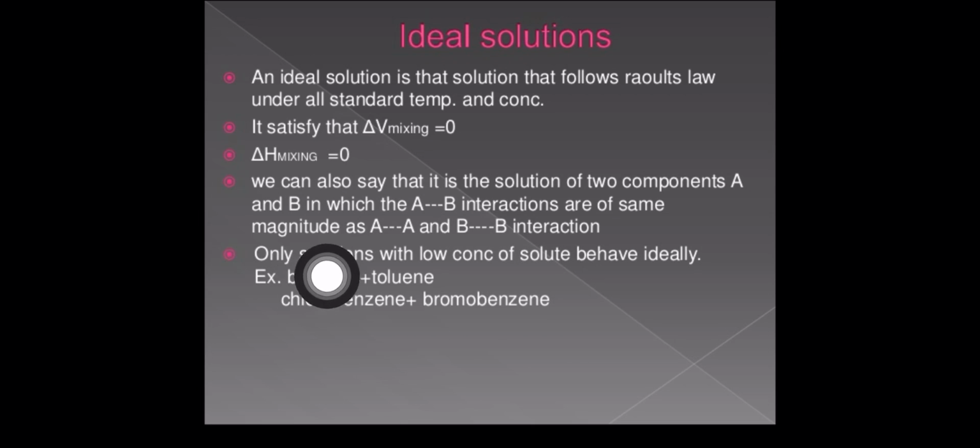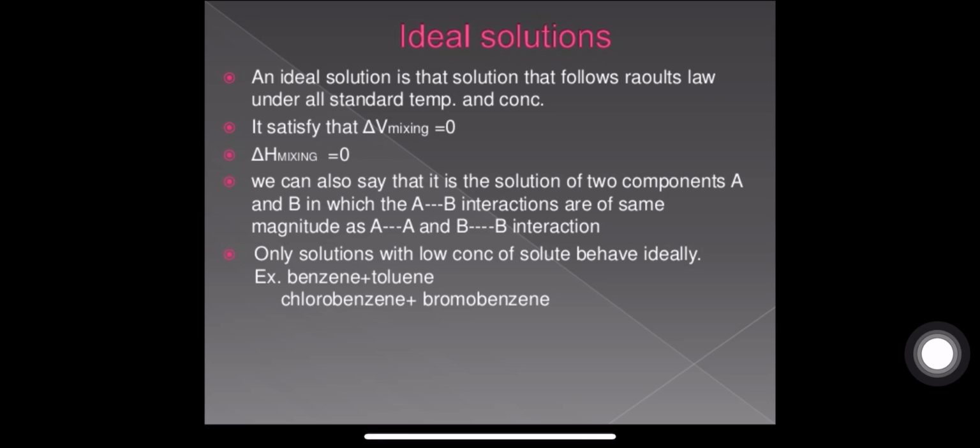These solutions behave as ideal solutions. Why? Because the attraction between components of benzene is equal to the attraction between components of toluene, and is also equal to the attraction between components of benzene and toluene.